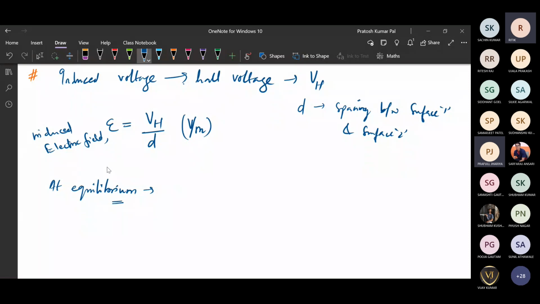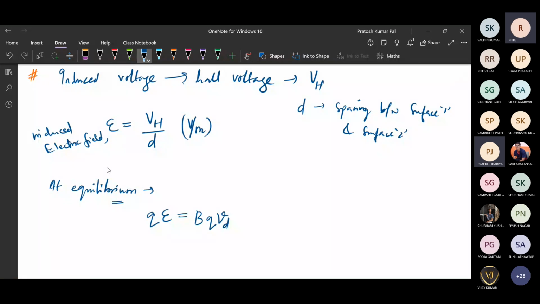That magnetic force will be equivalent to the force exerted by this electric field. At equilibrium that will be the condition. The force because of the electric field is Q into E, which will be equal to the force because of the magnetic field, Q into VD, where VD is the drift velocity.